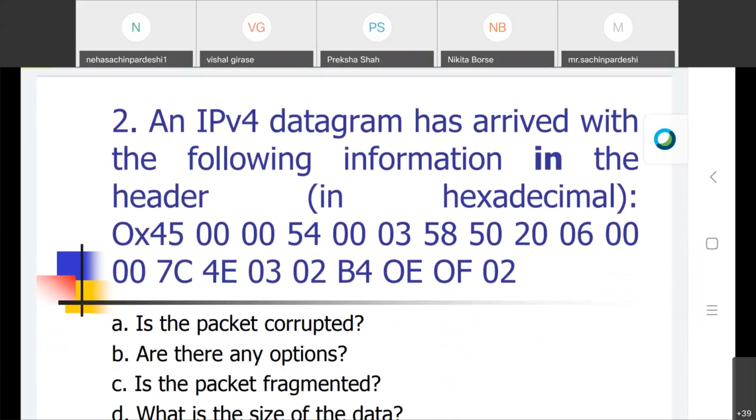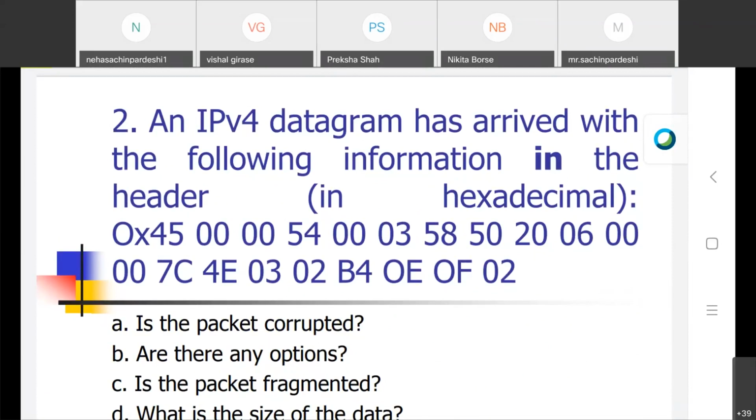Second problem: an IPv4 datagram has arrived with the following information in the header, in hexadecimal. So the data format is hexadecimal.